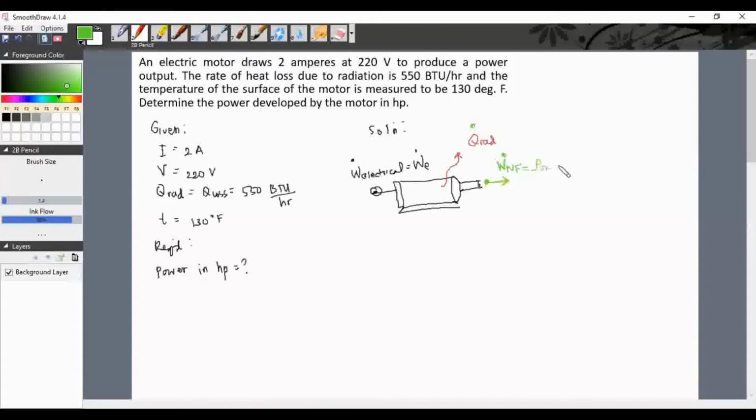And power generated in HP. So ibig sabihin pala, no? Ang hinahanap natin ay work non-flow. Okay? So by non-flow energy equation, okay? So ganun ulit.